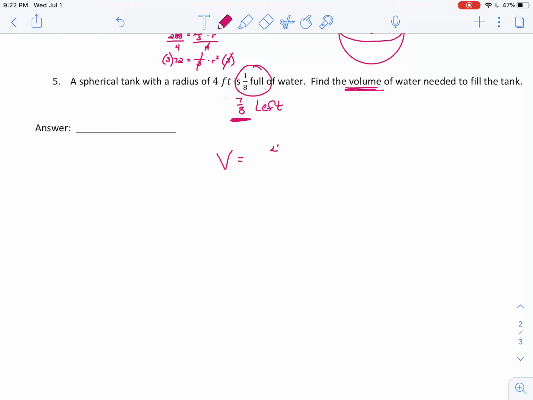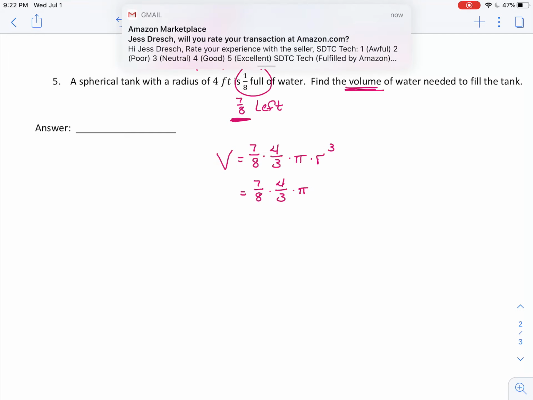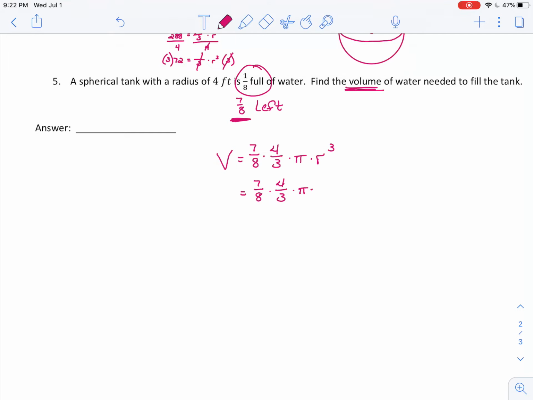So I'm going to just think, well, the whole tank is 4/3 times pi r cubed, but we want 7/8 of the tank. So let's plug in our radius and then just start slowly whittling away. Again, people with calculators, plug it all in at once. Save yourself a lot of time. But I'm just going to plug this in.